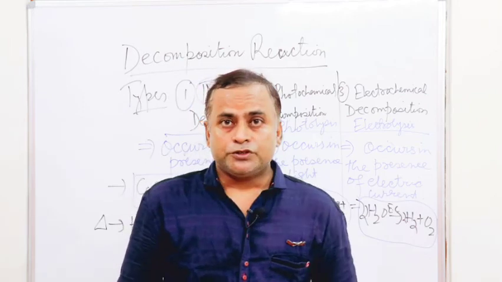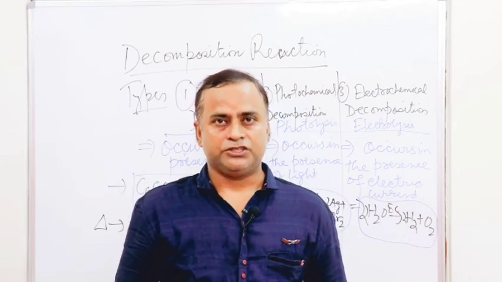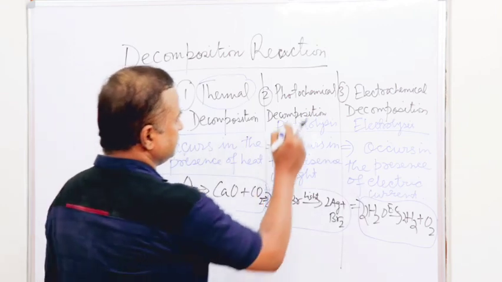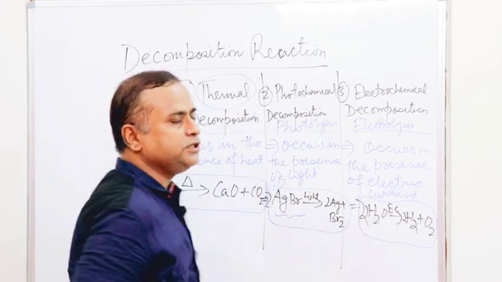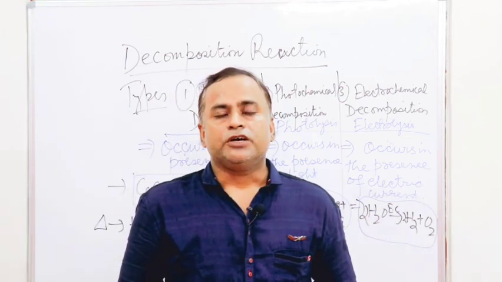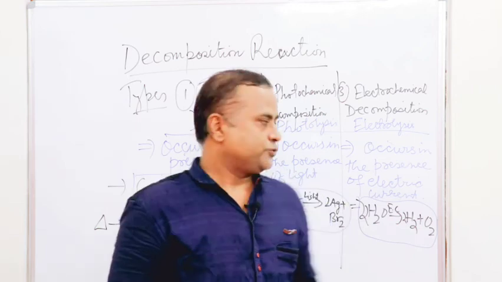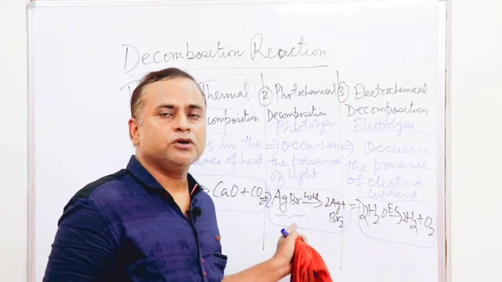And one more thing you should remember, decomposition reactions are just the reverse of combination reactions. And one important question that is generally asked: silver bromide, this bromine, chlorine, fluorine, bromine, iodine, these are called halogens, and their compounds are known as halides. So this is a silver halide. Because bromine is there, we call it bromide.